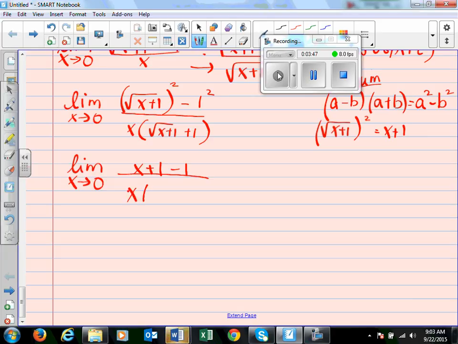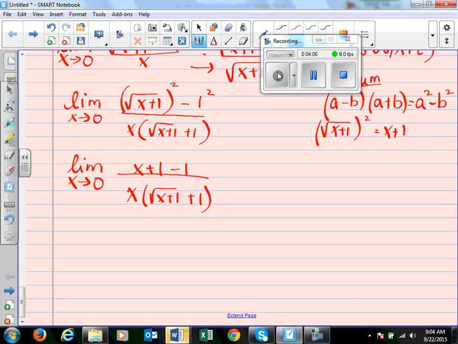I keep the new denominator as such. We don't need to simplify when we substitute the limit. Because you will see in the process something is going to get canceled. So leave it as such.